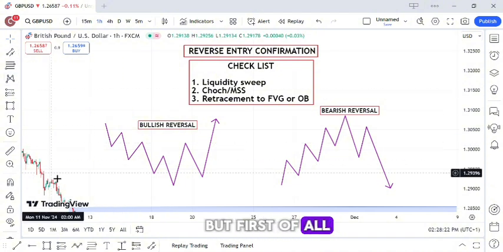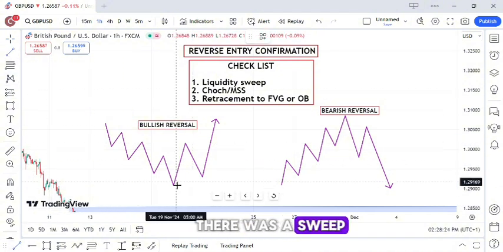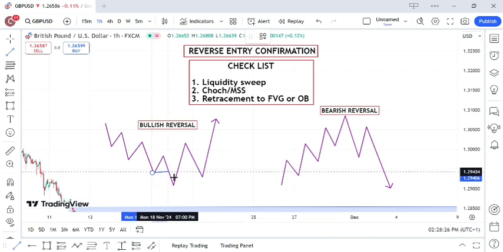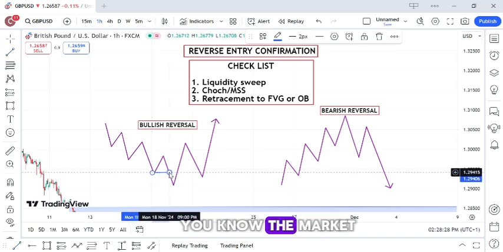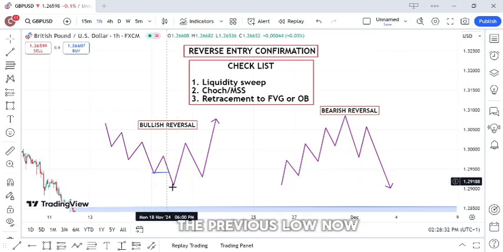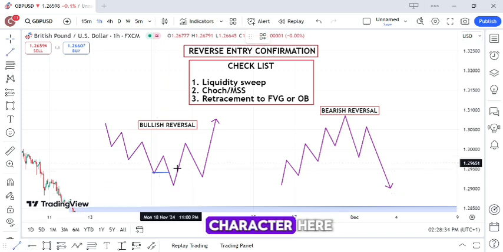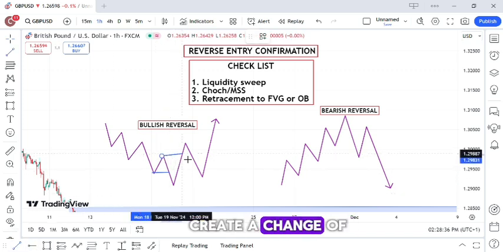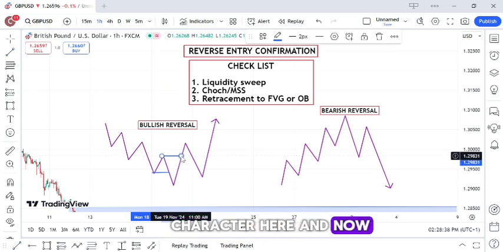But first of all, there was a sweep of liquidity here. The market took out the previous low, and now created a change of character here, and now it retraced.